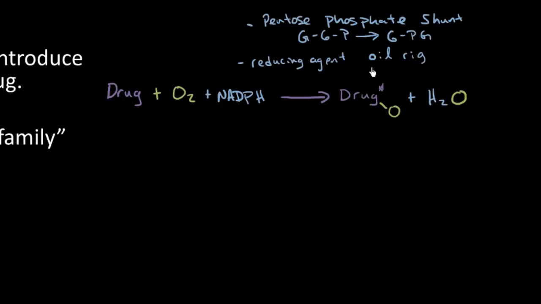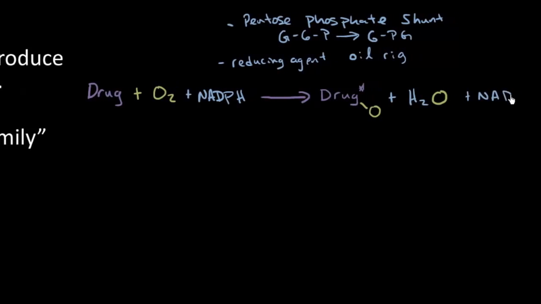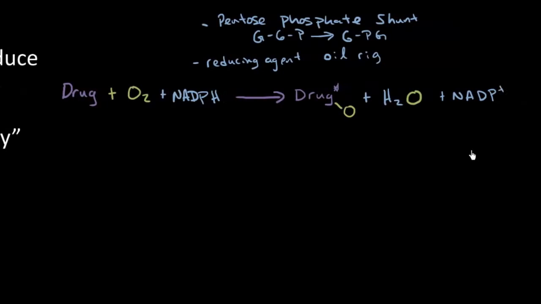By being a reducing agent, it causes other molecules to get reduced, to gain an electron. And as a result, it loses an electron. So we would expect, if it is a reducing agent, if it's losing an electron, it itself is getting oxidized. And by losing an electron, at the end here we form NADP+, positively charged.